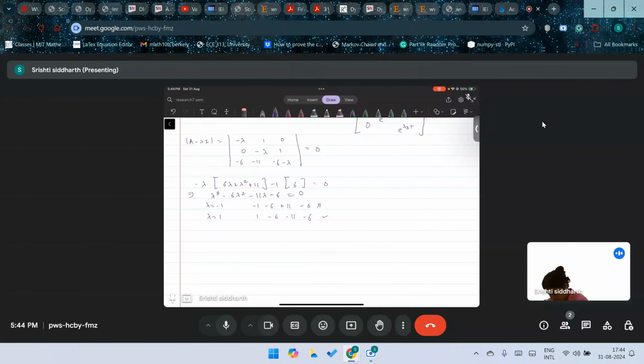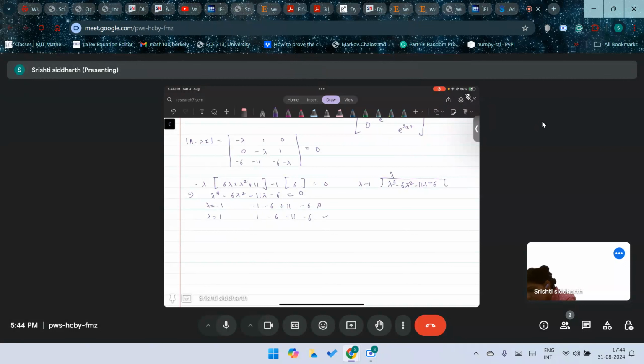So we have lambda cube minus 6 lambda square minus 11 lambda minus 6.